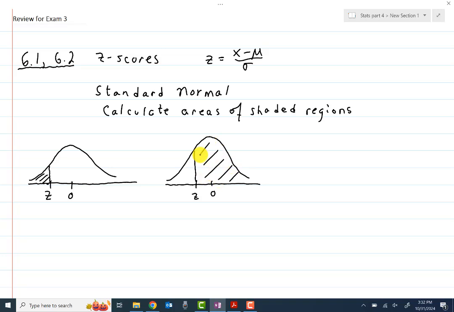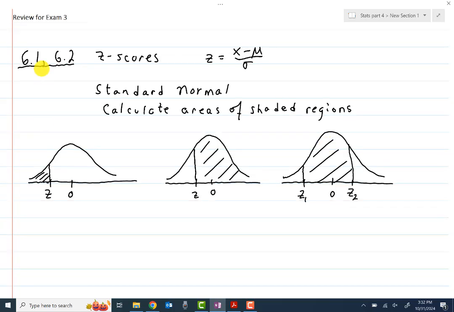You should know how to work those kinds of things. And then finally, the last type we can have is something like this, where it's trapped between two values. And z1 and z2 can actually be on the same side of 0 if the problem calls for it. There's nothing that prevents it from possibly happening.